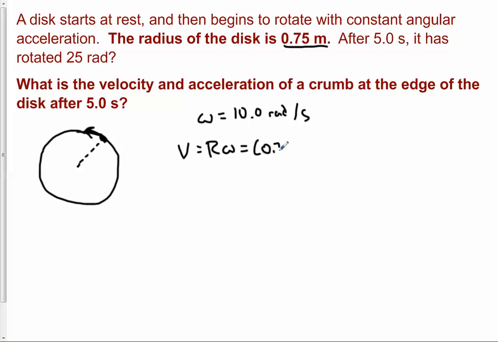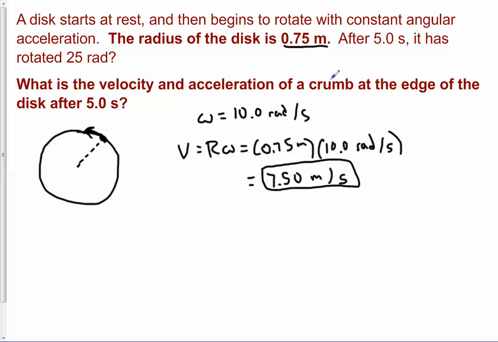So 0.75 meters times 10.0 radians per second is 7.50 meters per second. So that's how fast it's going in actual meters per second. That's its speed, that crumb's speed. It's going around at 10 radians per second, which is sort of like how much of an angle it's going through every second, but it's actually going through 7.5 meters every second.